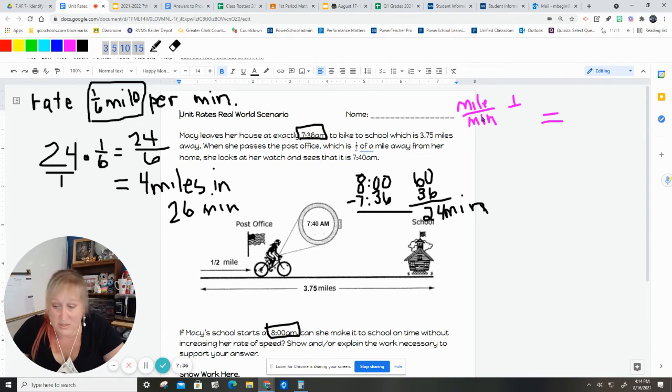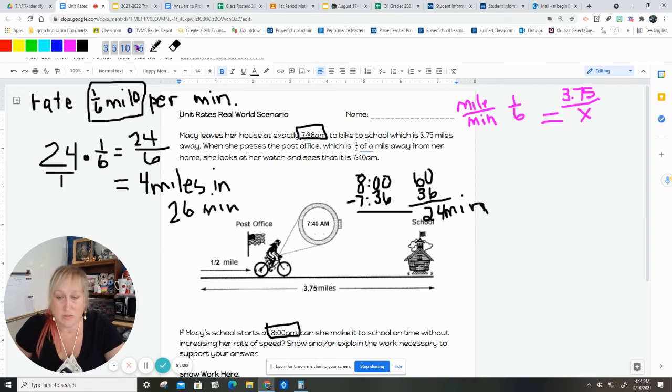This one, according to me, is a little bit more complicated. So miles over minutes, she goes 1 mile in 6 minutes. We know that because she got a sixth of a mile in there. Okay. And she needs to go 3.75 miles in an unknown amount of time.